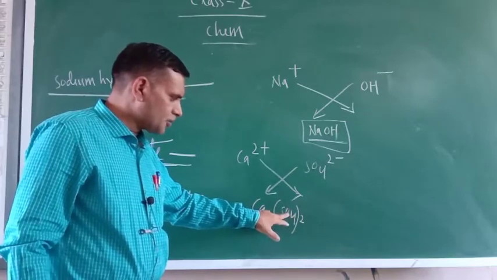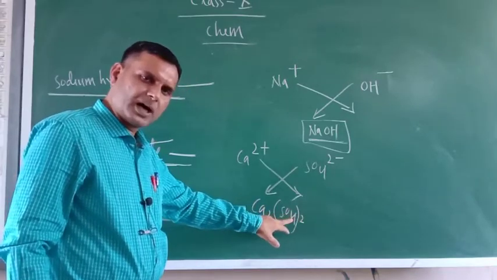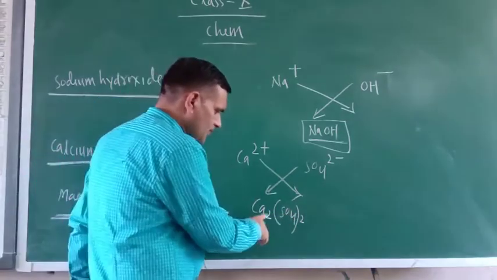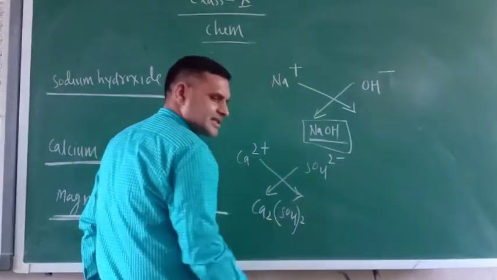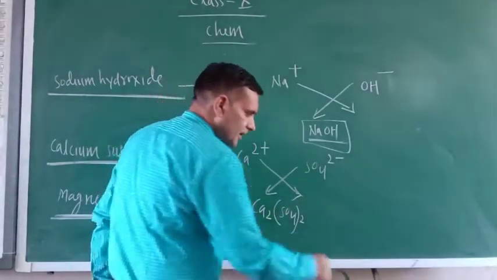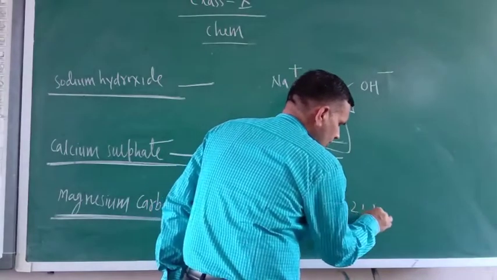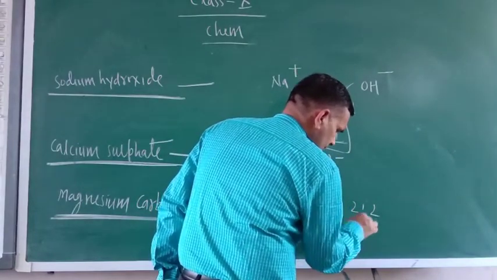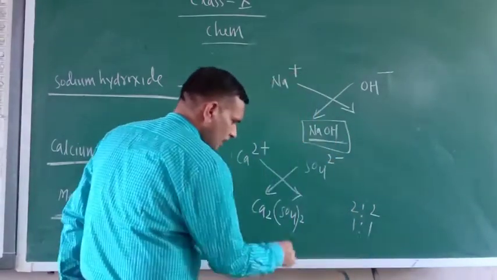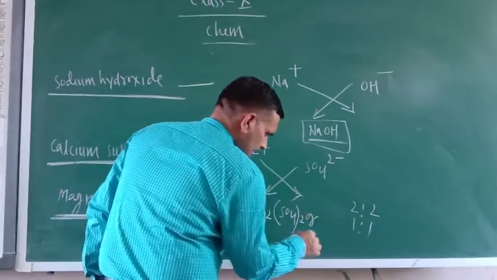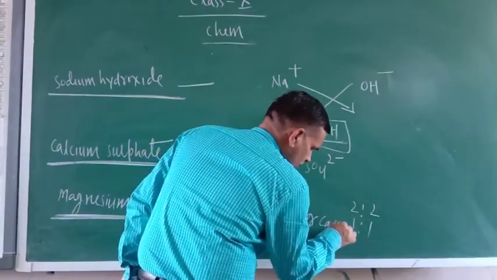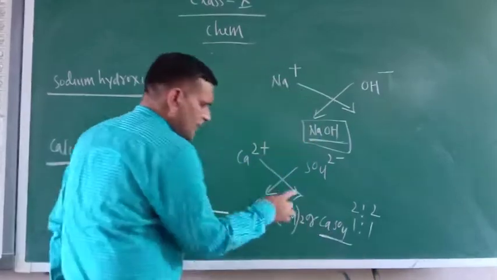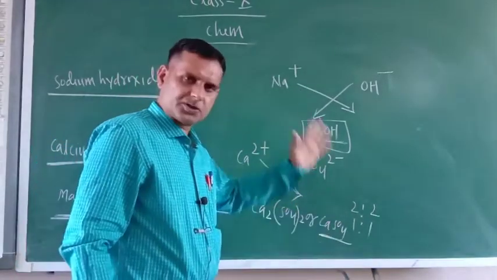Sulfur is 2 but oxygen is 8. Calcium and sulfate both have ratio 2:2, so the simplest ratio is 1:1. So we write CaSO4. No need to write the whole twice because it is understood.